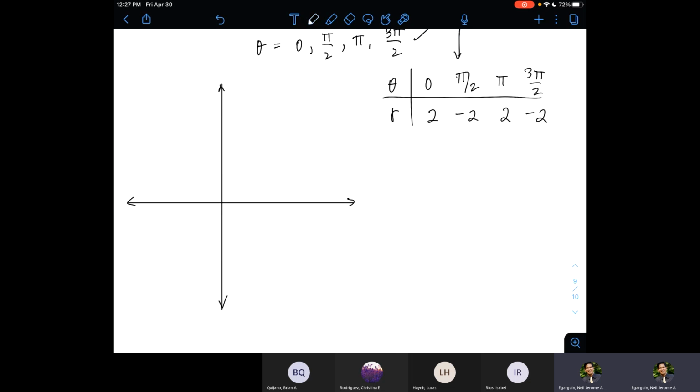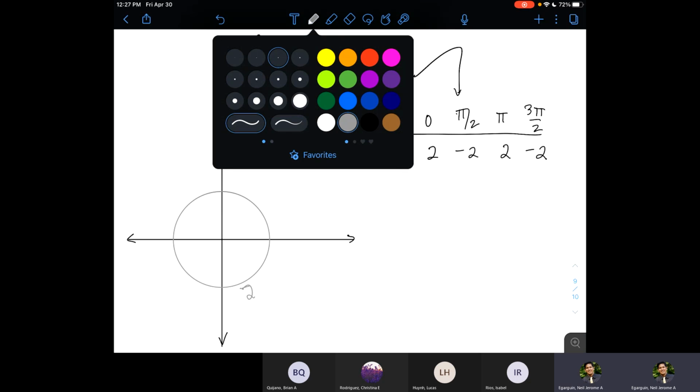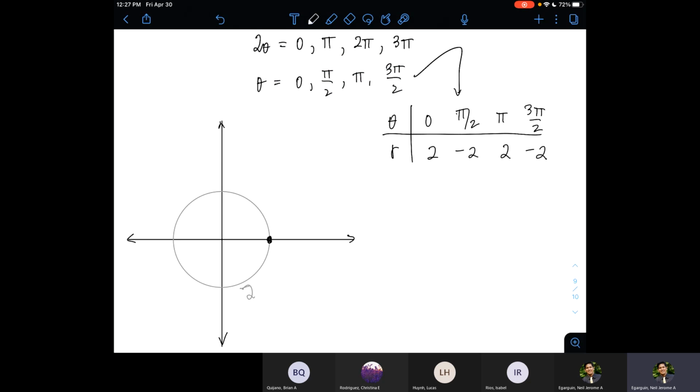But basically, I only need one radius. So let me draw a guide circle here. Say this is the circle of radius 1. Now at theta equals 0, r should be equal to 2. So this should not be 1, that should be 2. So we have the first point here, right?